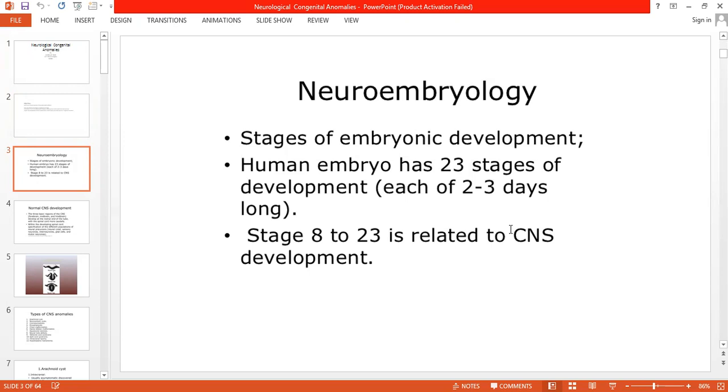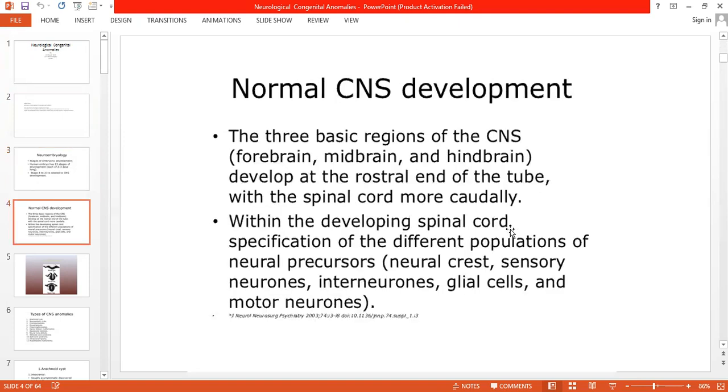Before going into detail, we have to have some idea about the embryological development of a baby. There are 23 stages, each stage consisting of 2 to 3 days. Stages 8 to 23 are related to the development of the CNS, the central nervous system.